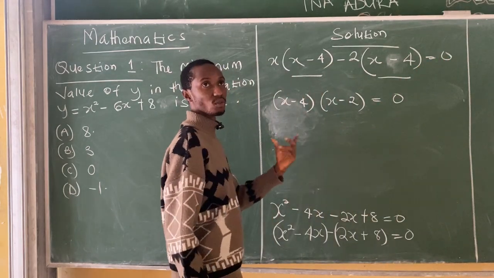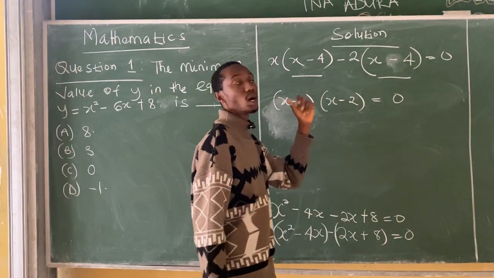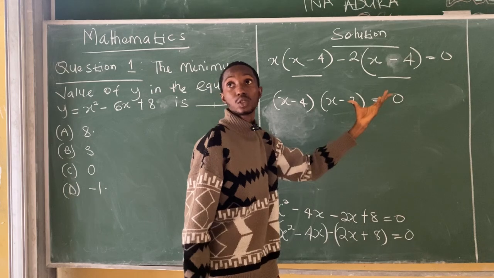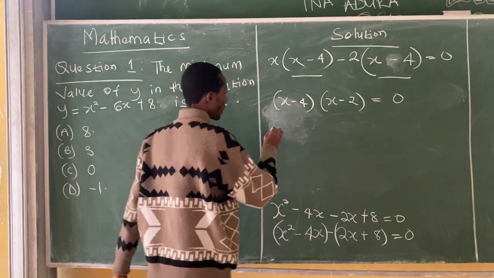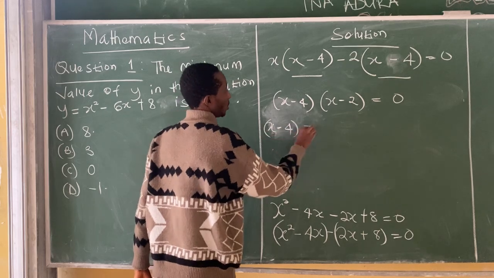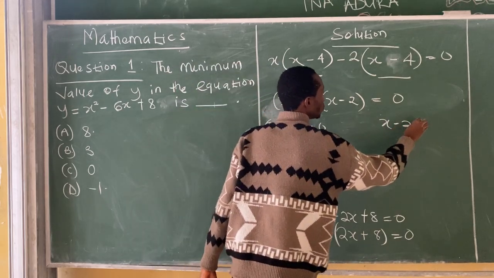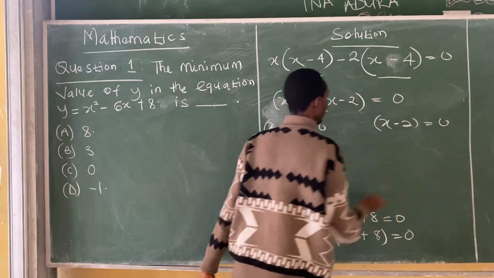Now to find the value of x, you pick this first term here, equate it to 0. Pick the second term, also equate it to 0. So for here we have x minus 4 equals 0. And here we have x minus 2 equal 0.